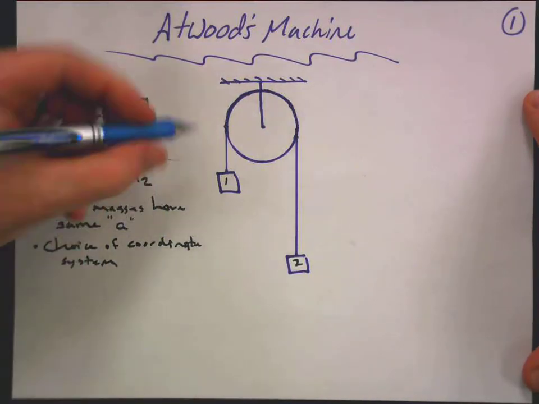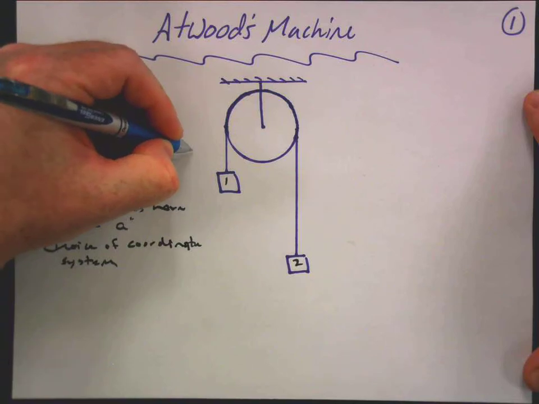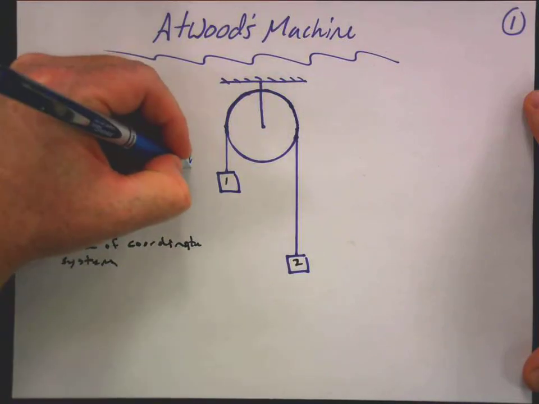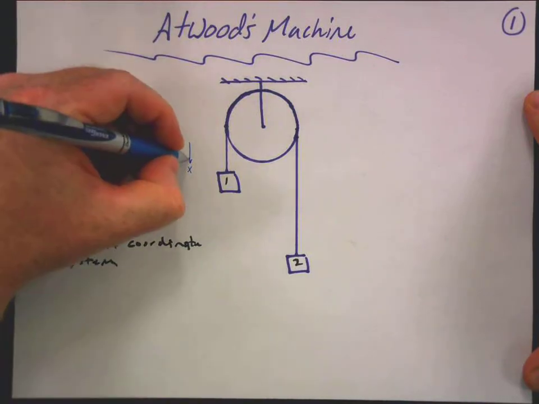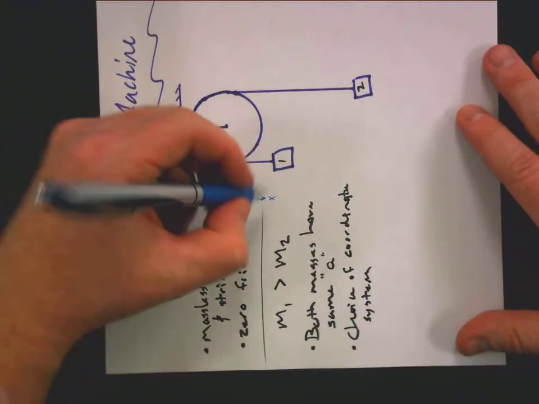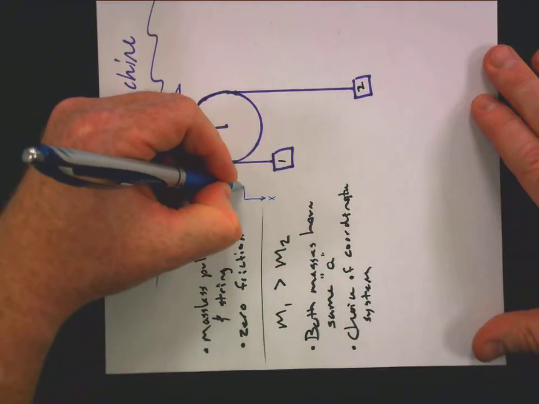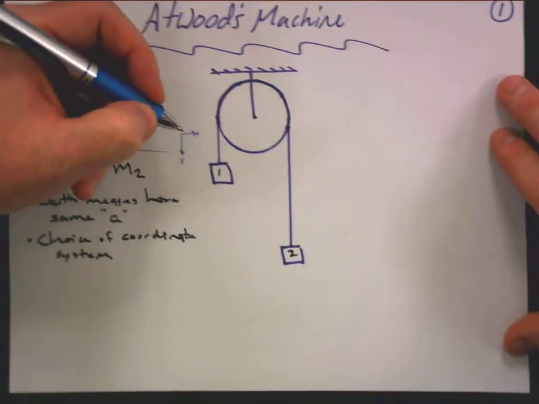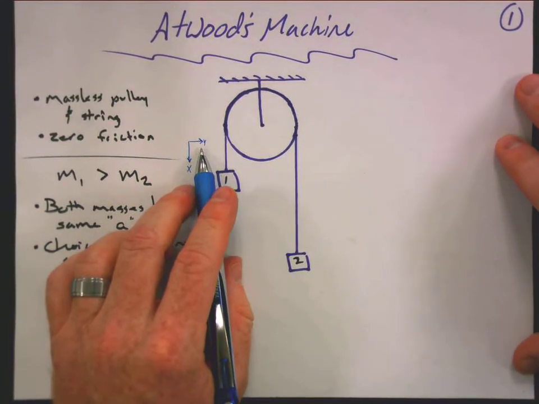Well, how is that going to happen, Mr. Woods? Well, I'm just going to say, well, I have an x in that direction for object number 1. And the normal x, then this is your typical y, is sort of perpendicular to it like that. Not worried about the y direction, but there it is.